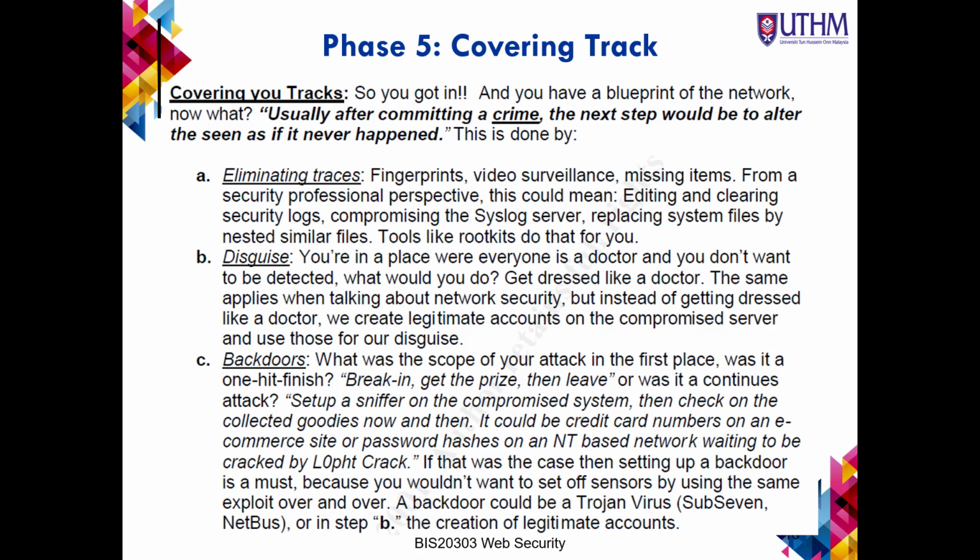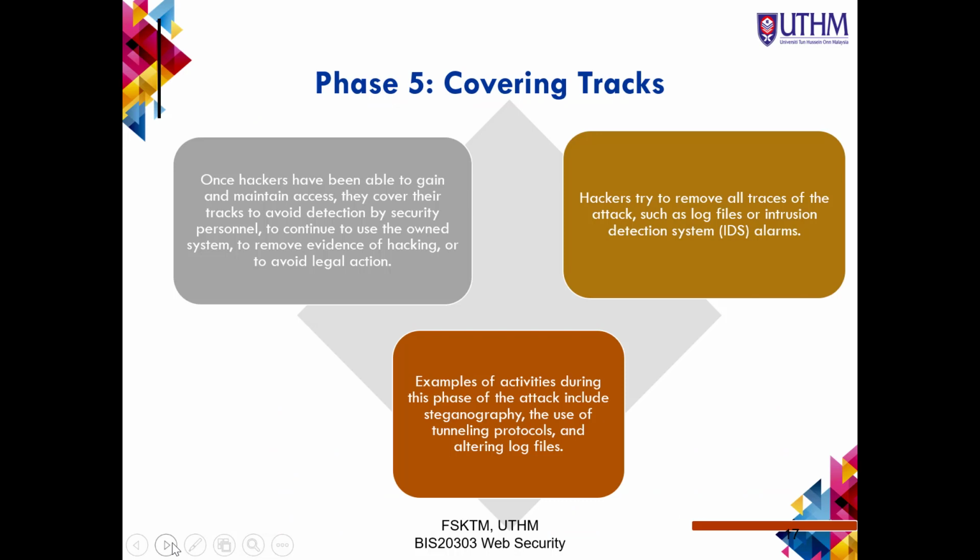The hacker will also look for indications of the email provider alerting the user of possible unauthorized login under the account. All of these things, as long as they will alert the network administrator or security officer, must be cleaned up by the hackers. So that is the five phases of the hacking process.